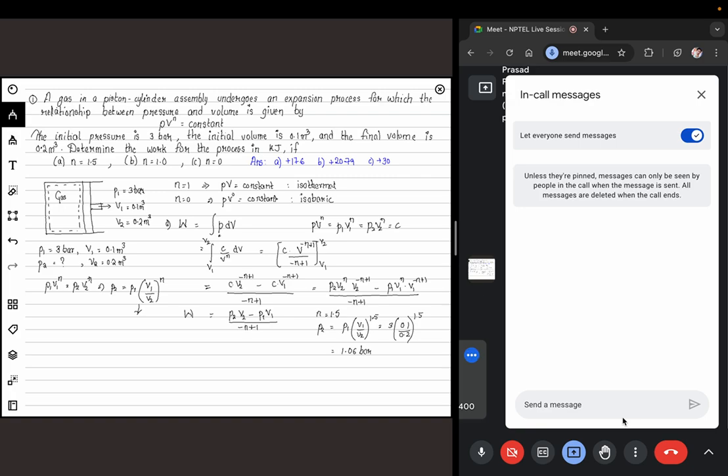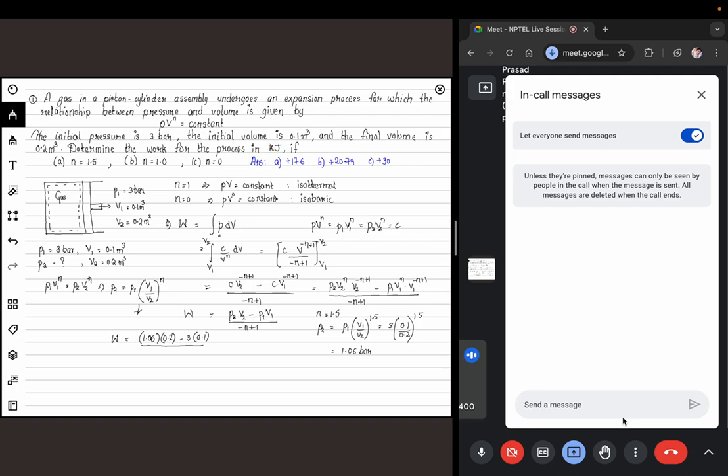If you substitute that back, P2 times V2 minus P1 times V1 by, and I want the answer in kilojoules.